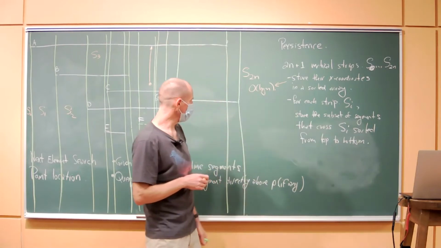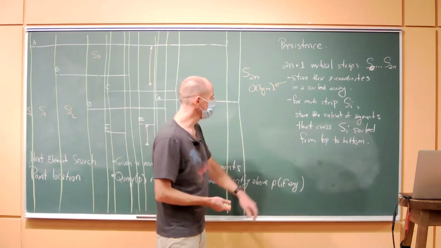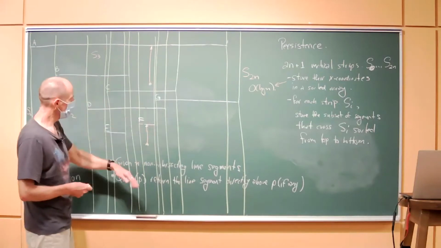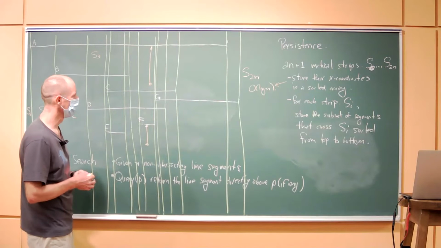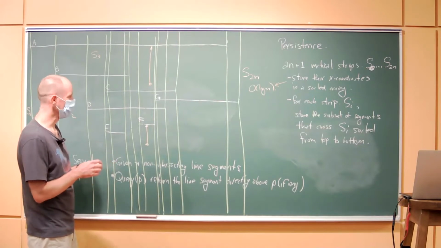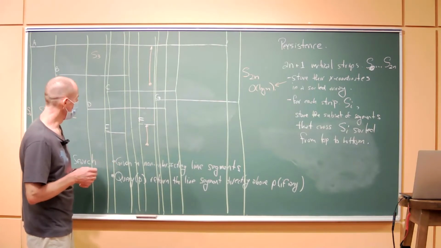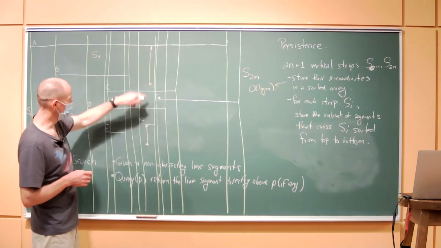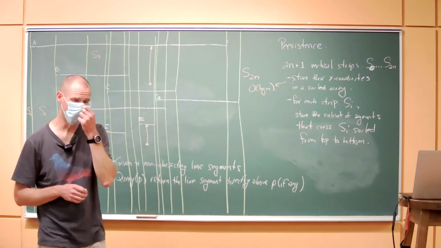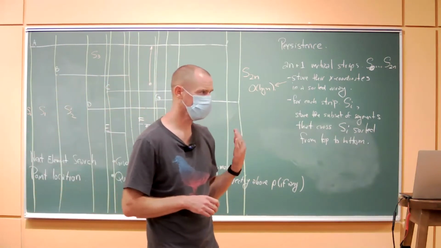And in a strip, we're storing the subset of segments that cross the strip in sorted order in, let's say, an array or our favorite kind of binary search tree, maybe a treap. I don't know exactly how many intersect a strip, but it is not more than n.